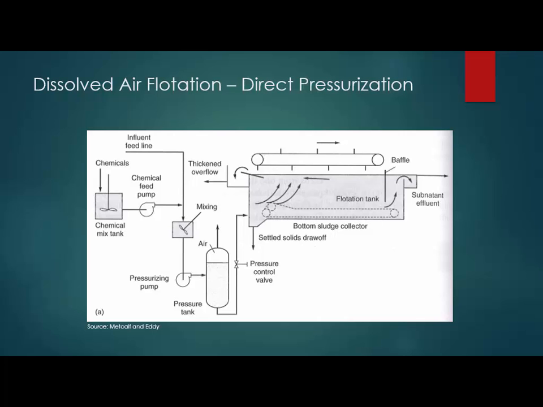It then goes through a valve into the flotation tank. The bubbles rise to the surface, and here you can see a skimmer at the top which just rotates, and the paddles carry it to this overflow. There's also a baffle in the tank where the water flows underneath to help minimize mixing of particles into the effluent.